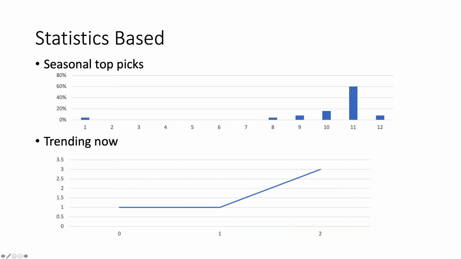Now you can see November has 60% of the sales or views. In that case, it is significantly higher than other months. So this one has a very strong seasonality at November.